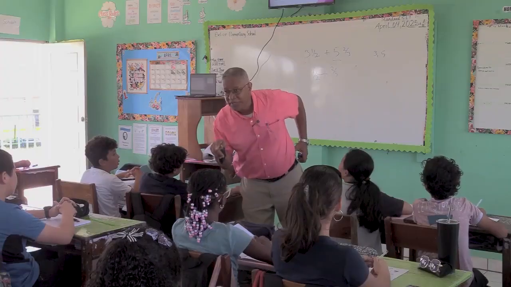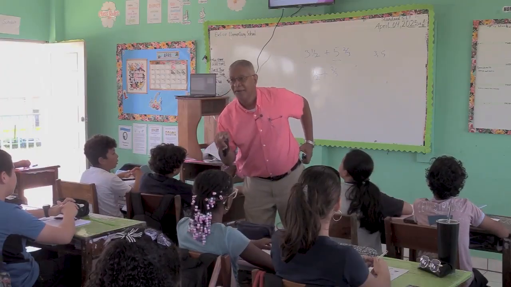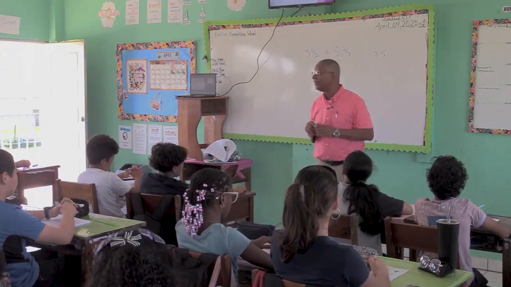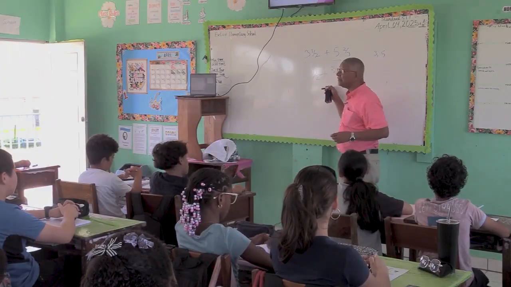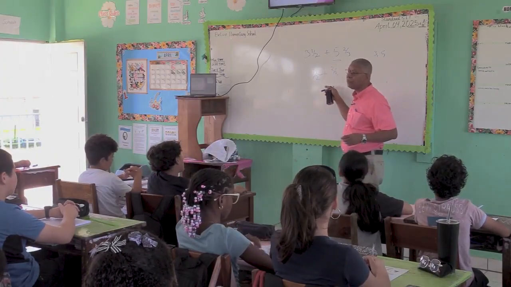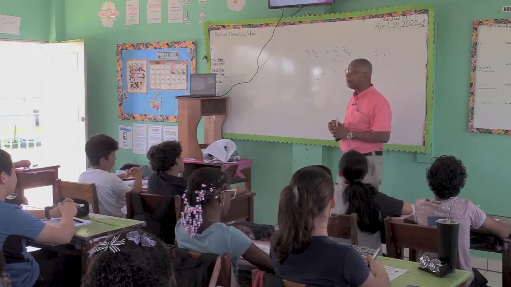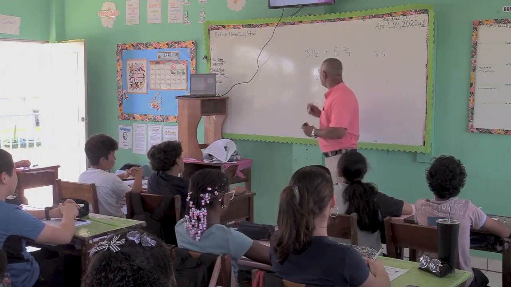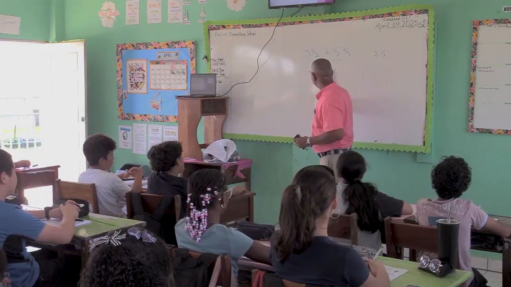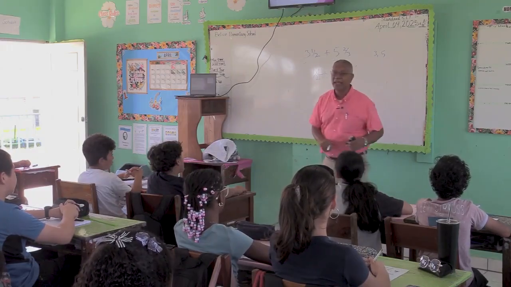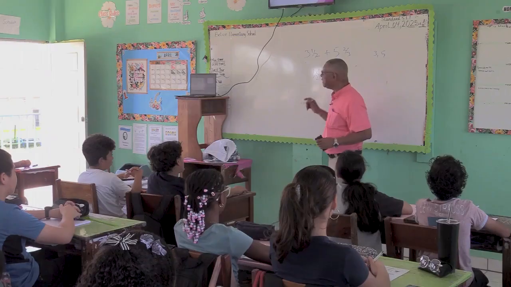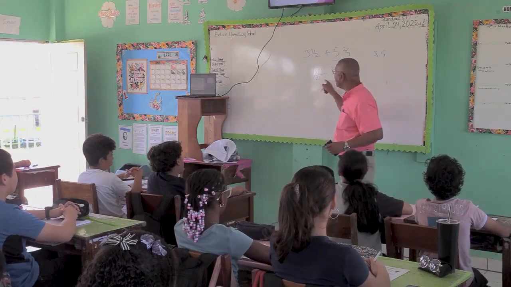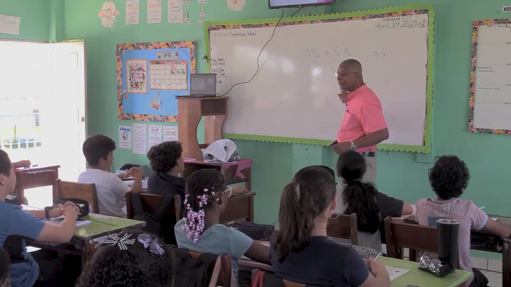The numerator or the denominator? Correct. So she's suggesting that to find the sum for these two proper fractions, you will have to multiply both numbers by what's called an equivalent fraction, a fraction that on both sides will make the denominator the same.